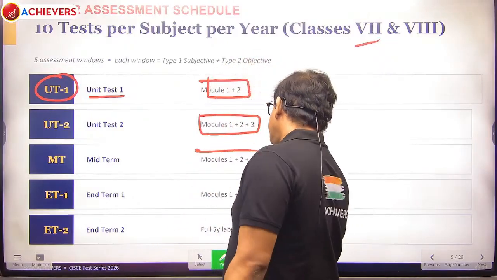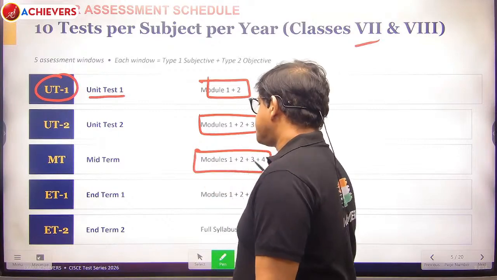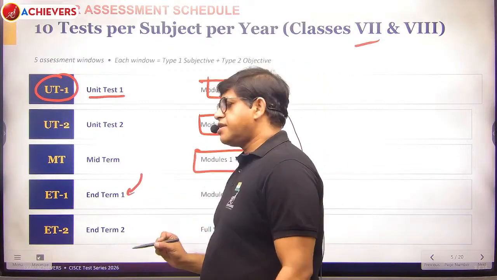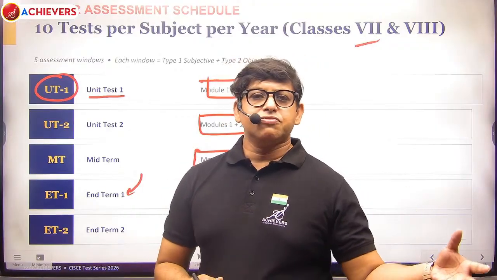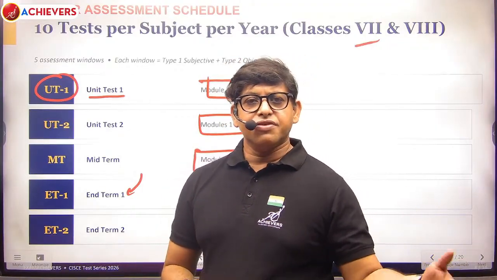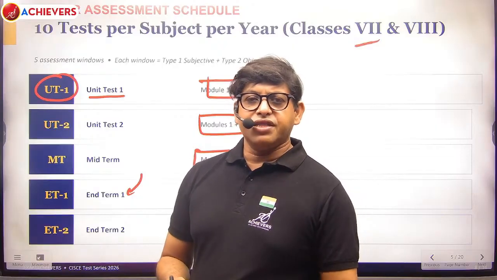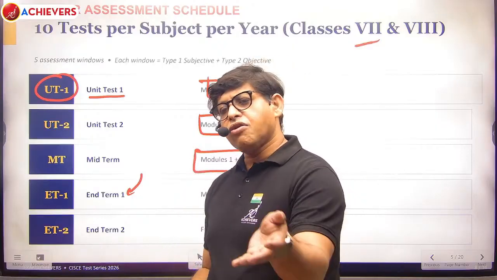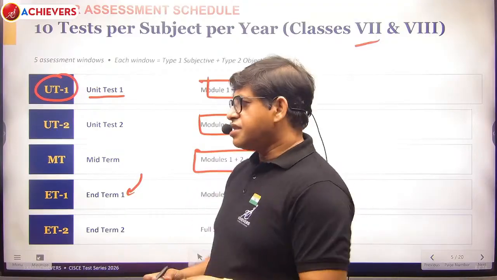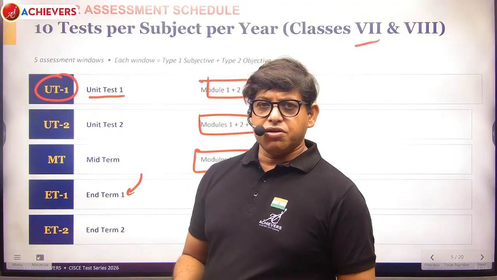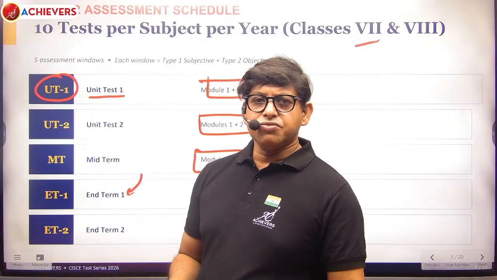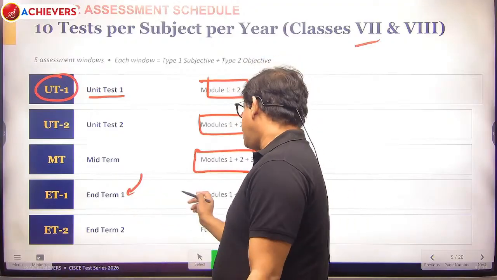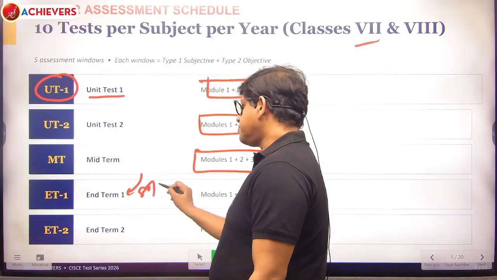In the midterm, say module 1 plus 2 plus 3 plus 4. In the end term 1, we suppose that there is 80% syllabus completion. You are studying elsewhere, at some other coaching center or with a particular school, and they are covering the syllabus, and we are also taking the test based on our modules. So we suppose that where you are studying, in ET1 your maximum 80% syllabus will get completed.